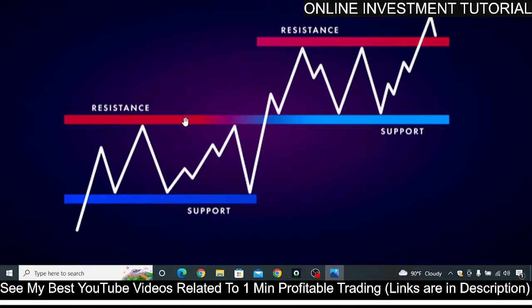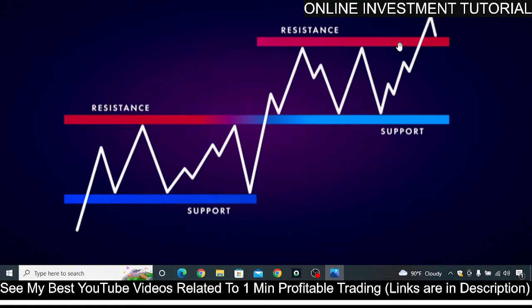Similarly, the points from where the market bounces down, those parts are called resistance. Now in real time while trading, this resistance may also act as support, and this support may also act as resistance based on past trading. So in this way you can find out where the supports and resistances are.